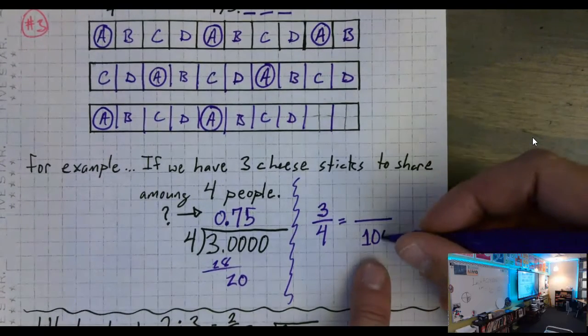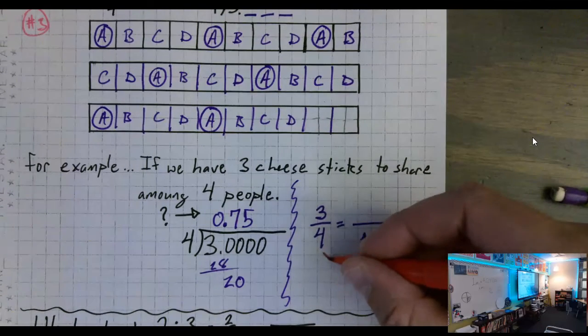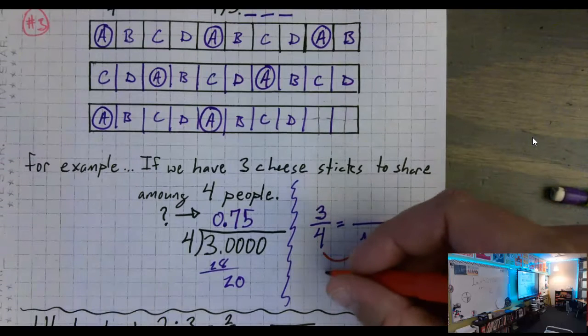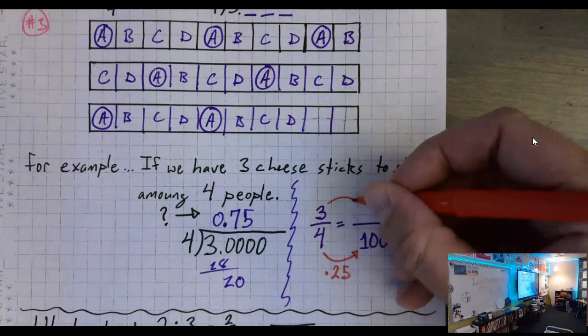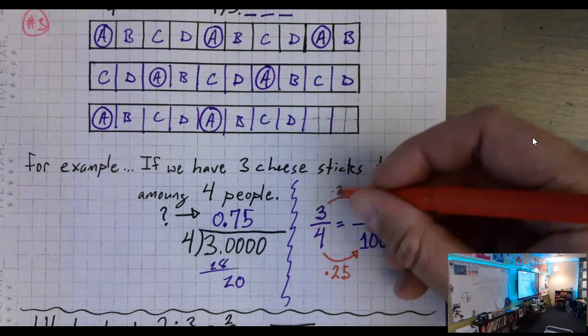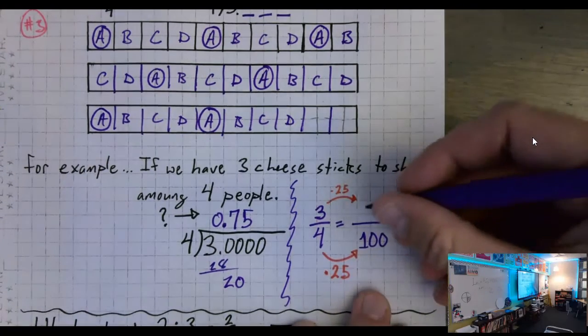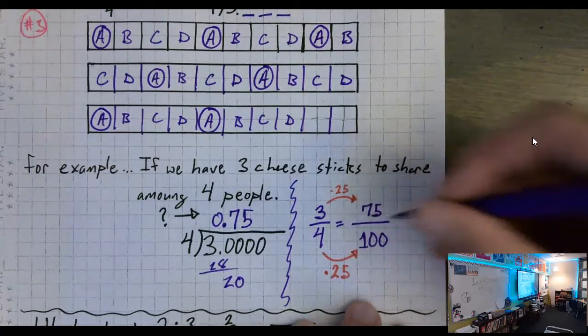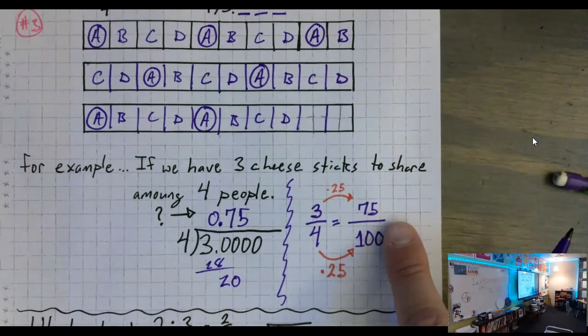Could I turn 4 into 100 easily? Yes. Turn to your neighbor and tell them how. 25. 4 times 25. All right, bring it back.